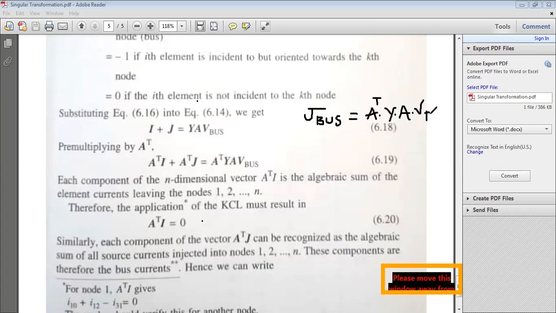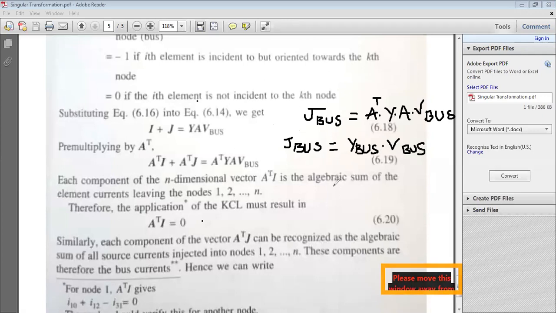So this is the final J matrix. Finally, we want to get J bus is equal to Y bus into V bus. From the above equation, we can also write this as Y bus into V bus.